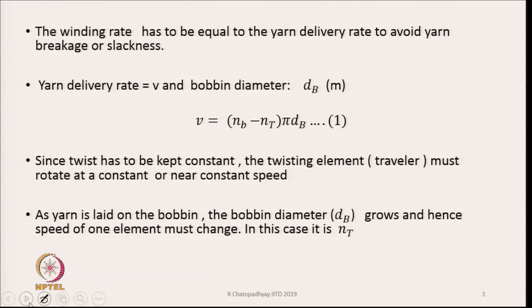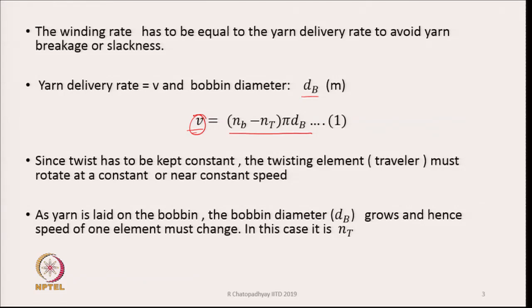That is the yarn delivery rate V, and if the bobbin diameter is dB, then V must be equal to n b minus n t into pi dB, assuming that the bobbin speed is more than the traveler speed. So, relative speed is n b minus n t, multiplied by the circumference of the bobbin on which the yarn is going to be wound, that will give me the rate of winding on the bobbin, and that must match the value V, that is the delivery rate.